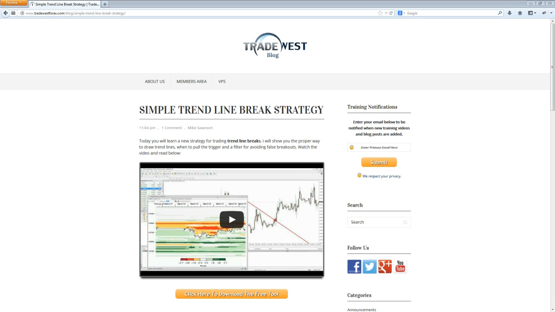So see right here, we would check for a swing high. Here we would not. We would not use that swing because it was not above 80. Or for a swing low, we would not use this one because it was not below 20. But we would use this one. Does that make sense?